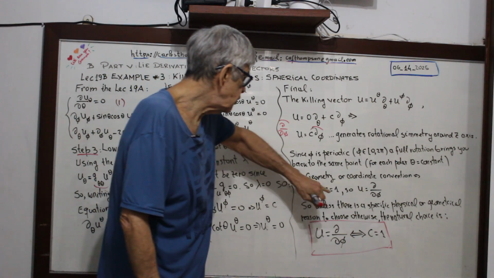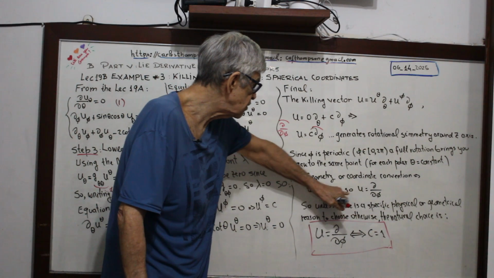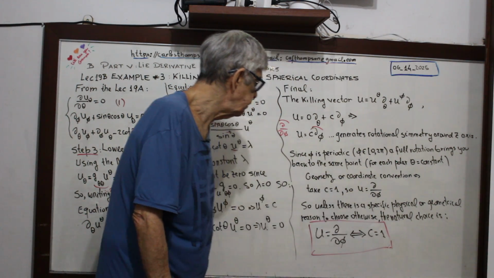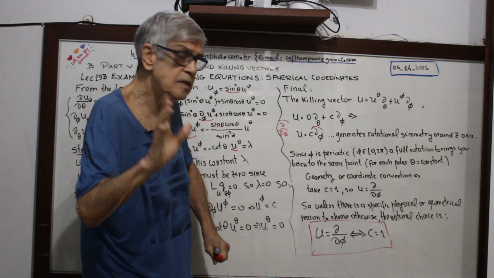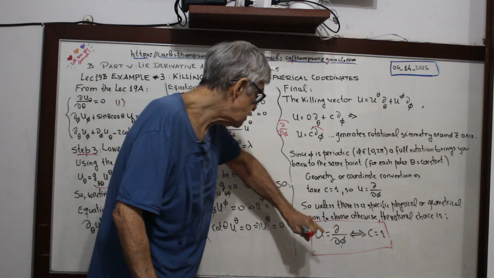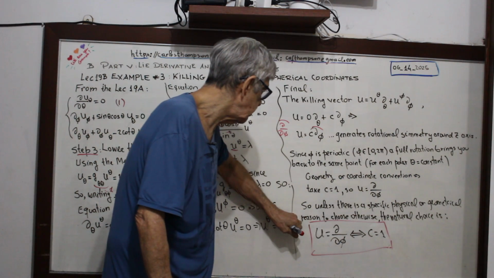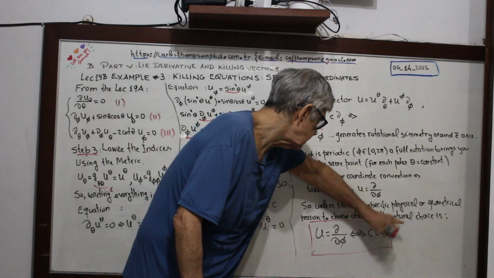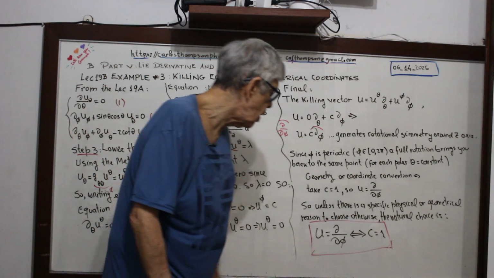By geometric coordinate convention, c is equal to 1, so u is just partial derivative with respect to phi. Now, that's an important message. Unless there is a specific physical or geometrical reason to choose otherwise, the natural choice is c equal to 1.